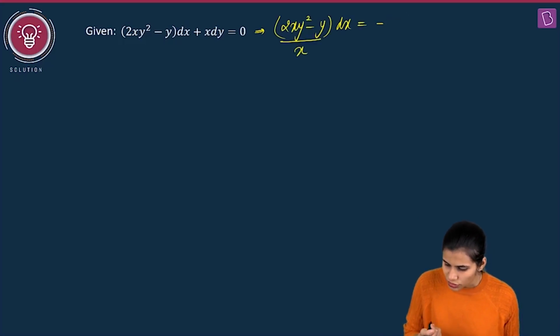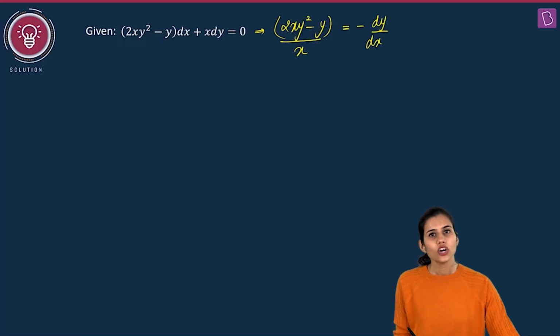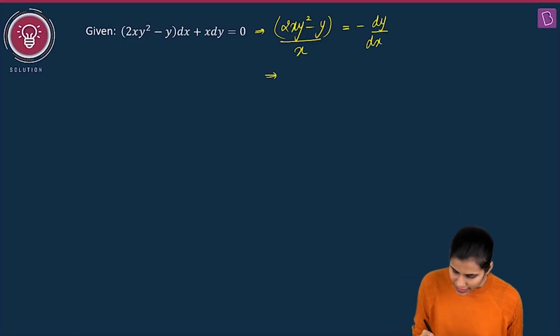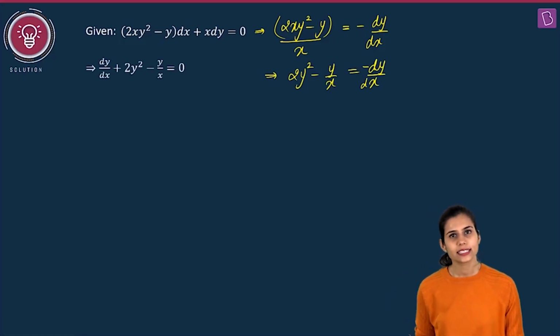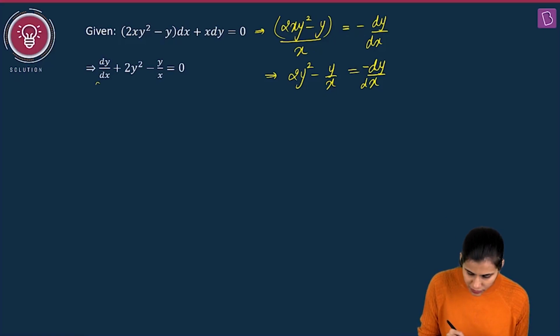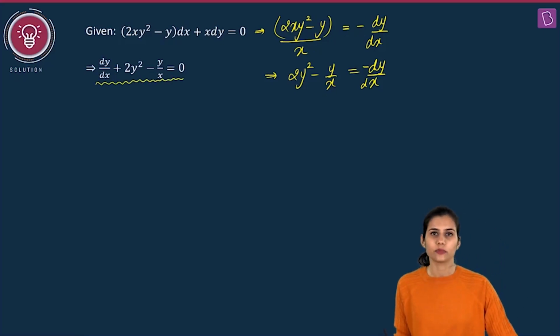Divide this by x. What you are left with on the right hand side is minus dy by dx. Alright, so the left hand side boils down to (2y square minus y) by x equals dy by dx with a minus sign here. Bring everything to the left hand side, equate the right hand side with 0. So you are left with dy by dx plus (2y square minus y) by x equals 0.